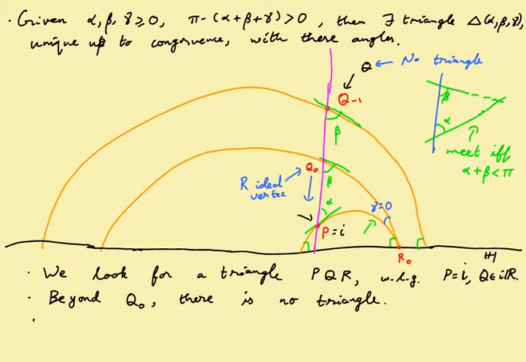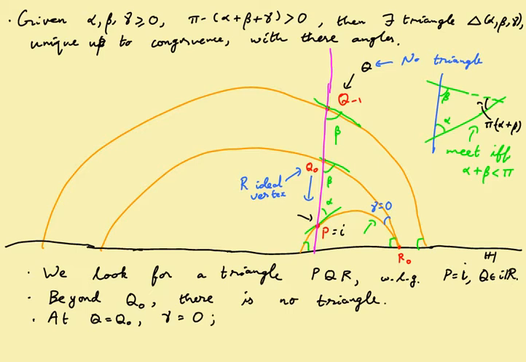In the Euclidean case we get a unique gamma, that's always pi minus (alpha plus beta). At Q equals Q0, gamma equals 0. And what happens at the other end?